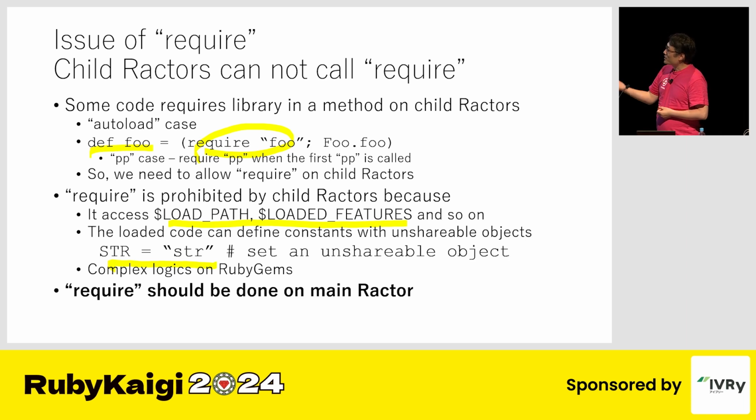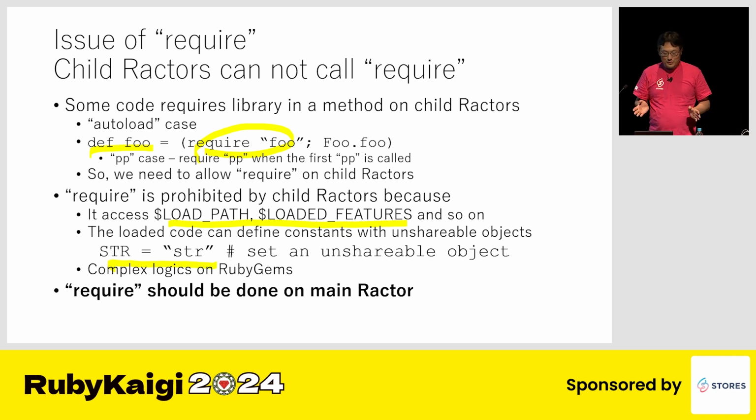But the pp method requires the pp library at the first call. Because of this limitation in child Ractors, we can't call pp. So it is too bad for making some programs.